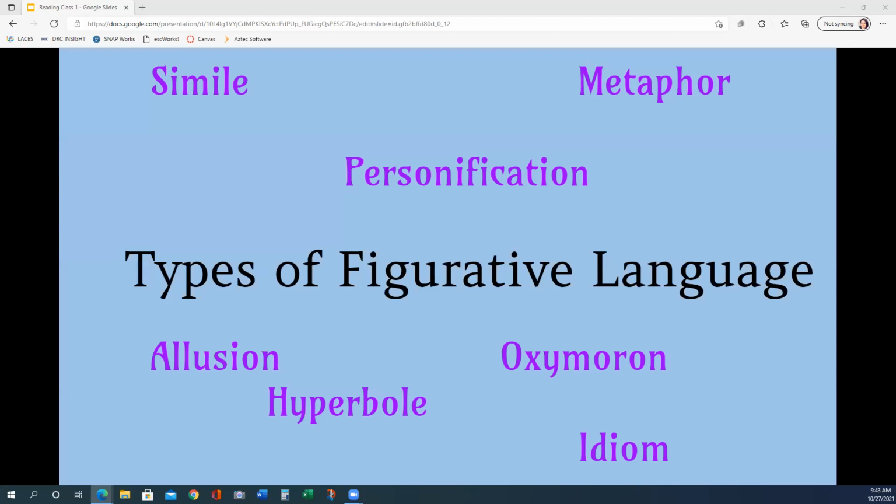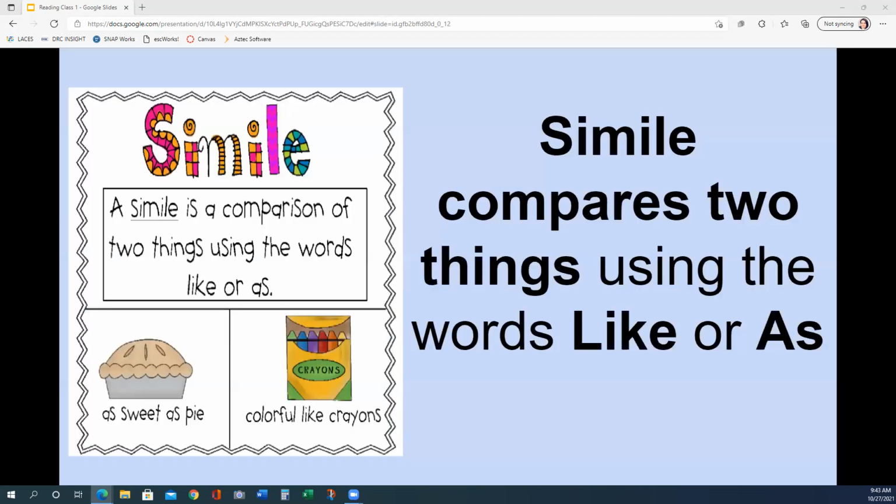Some types of figurative language are the use of similes, metaphors, personification. They may use hyperboles, oxymorons, idioms. These are just examples of figurative language. So we're going to talk about a few of these.